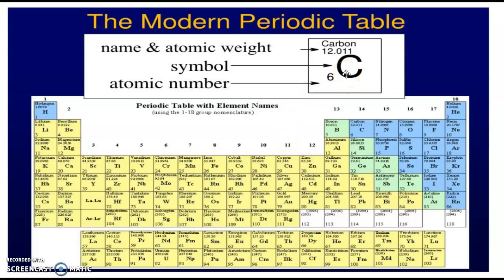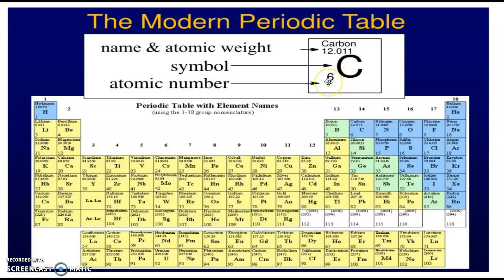This is the modern periodic table, in which this is the symbol. We are taking an example of carbon in order to explain each element. This is the one block. For example, this is the atomic weight and this is the atomic number. This is the element symbol. We are taking the symbol of carbon.